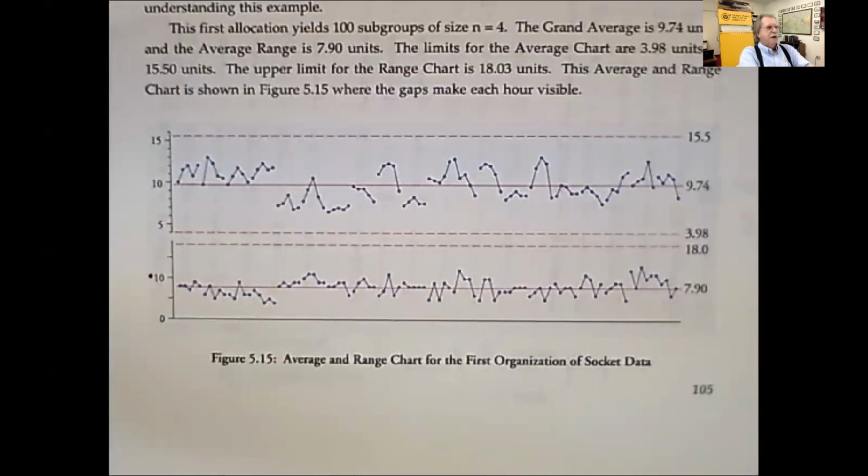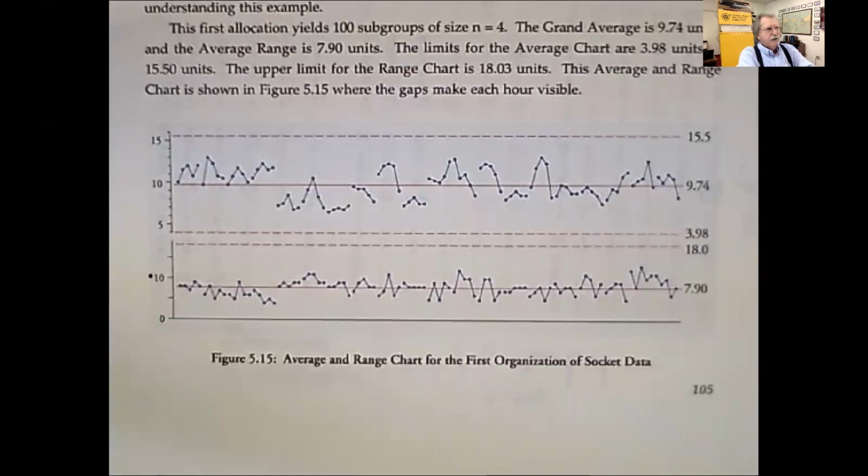This thing doesn't pass the smell test. It stinks, doesn't it? You've got 19 out of 20 at the beginning that are at or above the central line, or 20 out of 20 that are at or above, followed by 19 out of 20 below the central line.